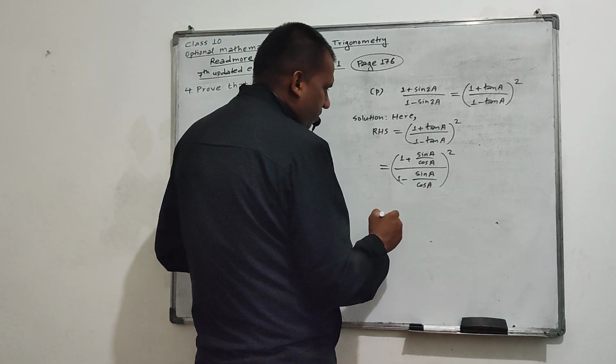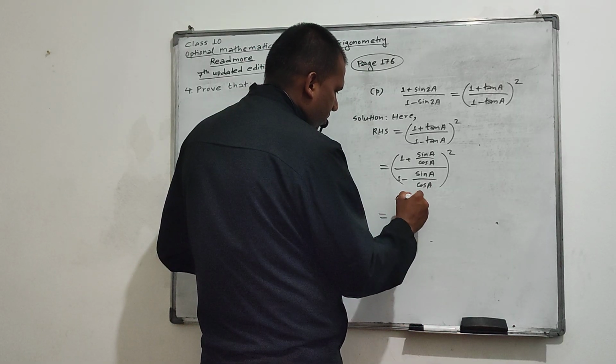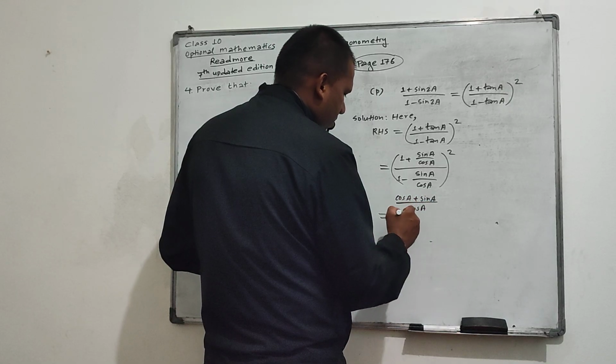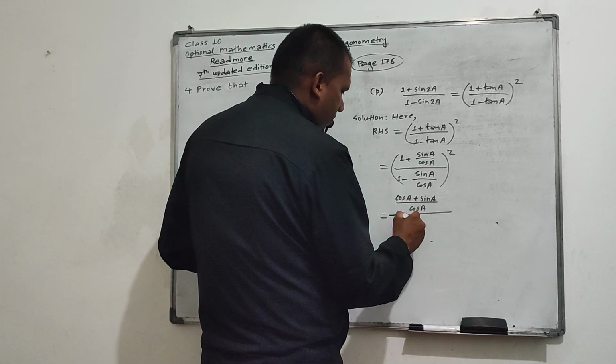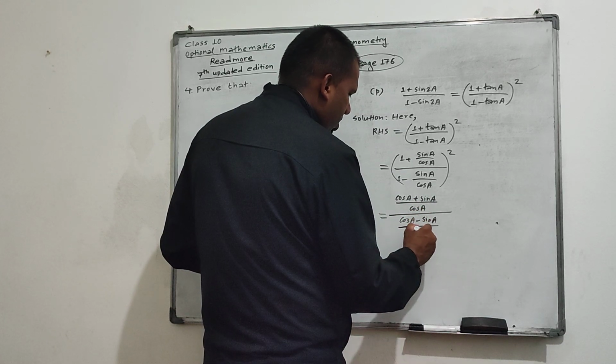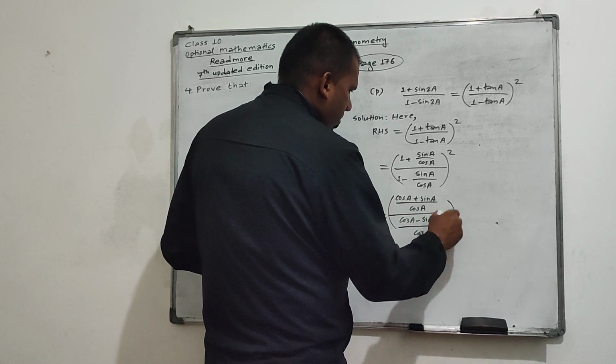Now taking LCM with brackets, it becomes (cos a plus sine a all upon cos a) all by (cos a minus sine a all by cos a), its whole square.